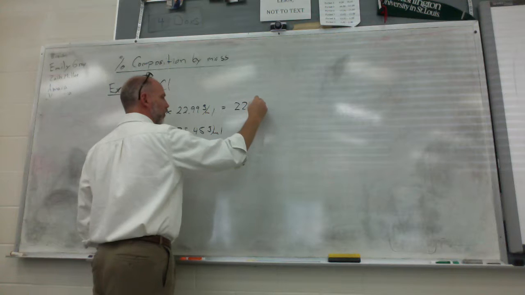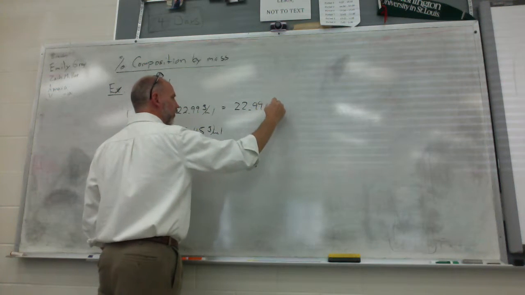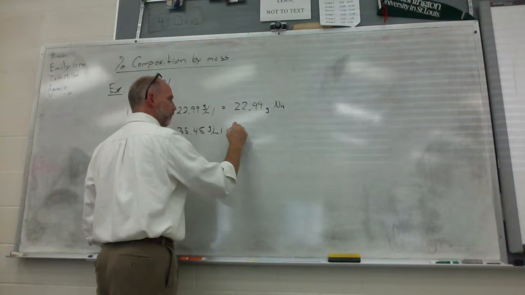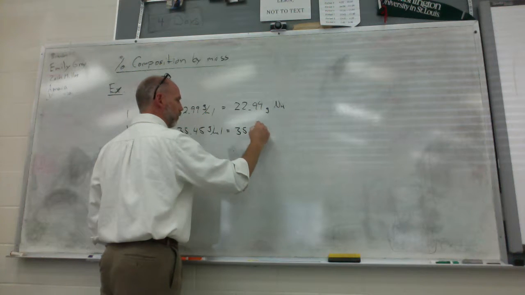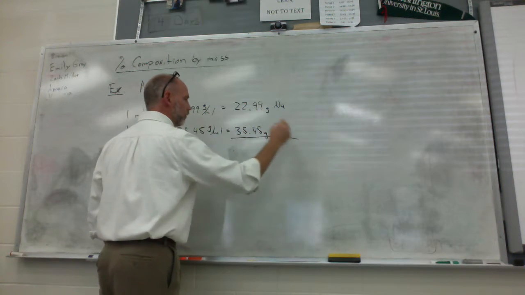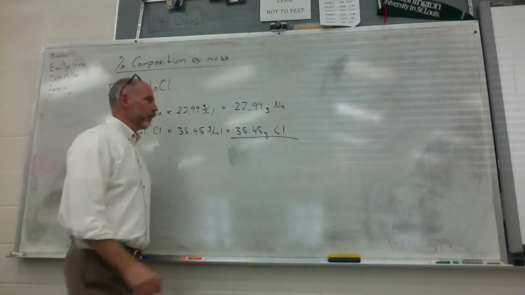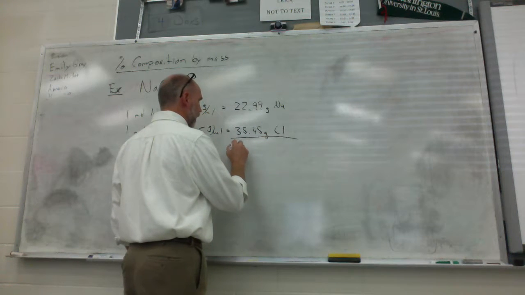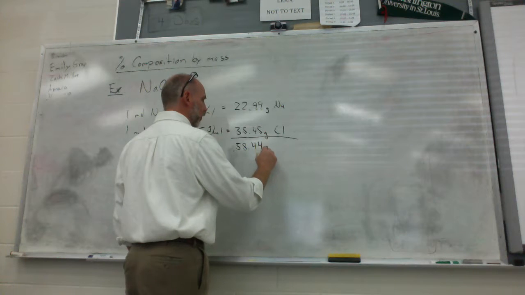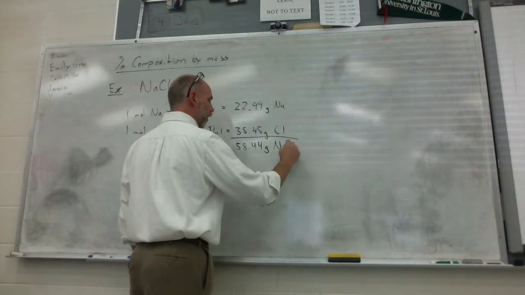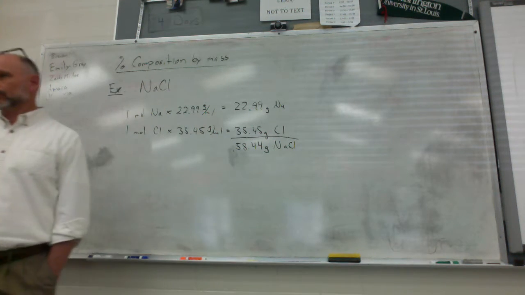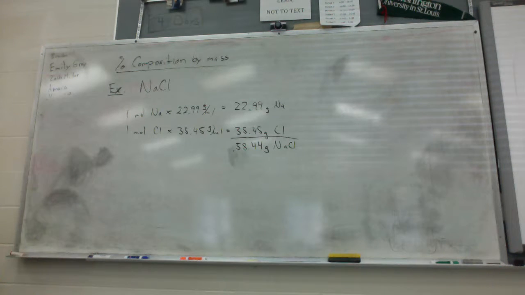Now, I know this is incredibly easy for you guys. I'm going to add all those up. I'm going to get 58.44 grams of sodium chloride. You'll know that one too before it's too long.